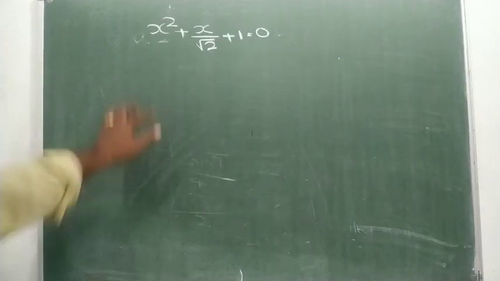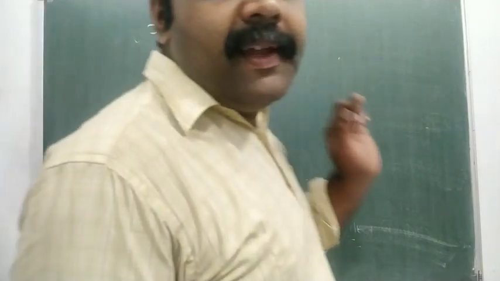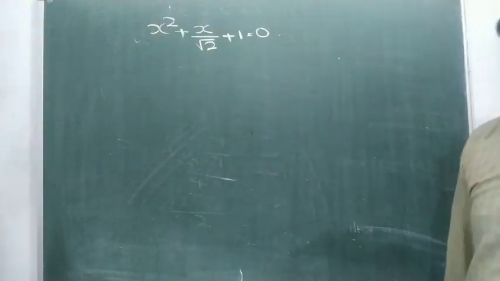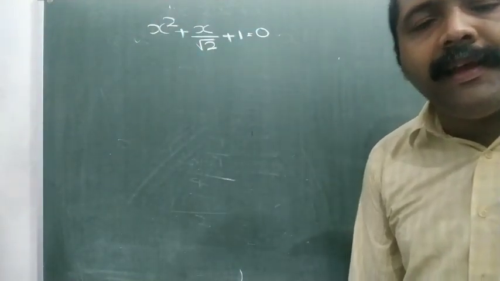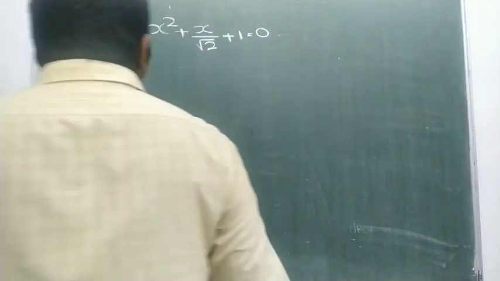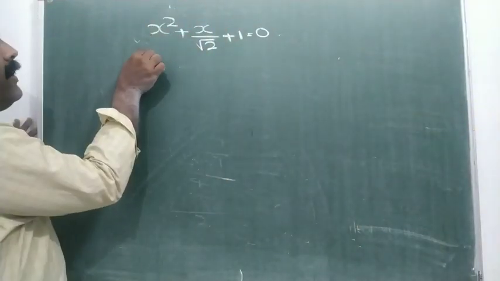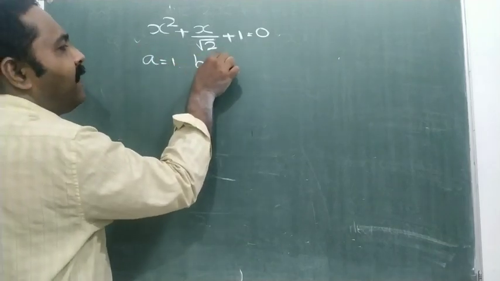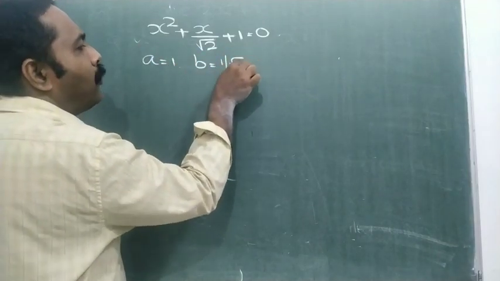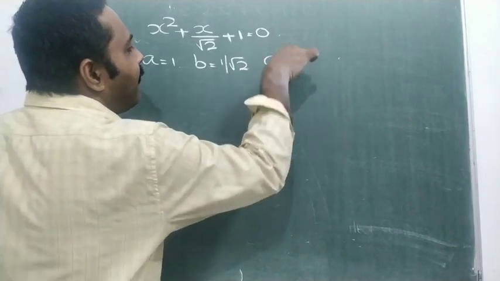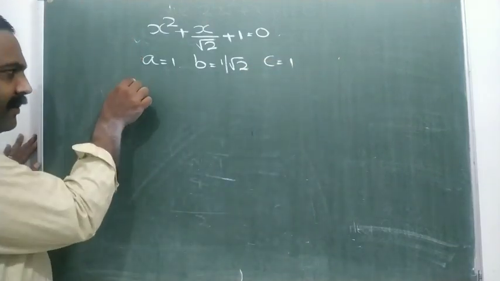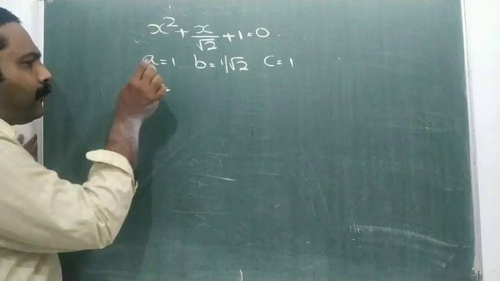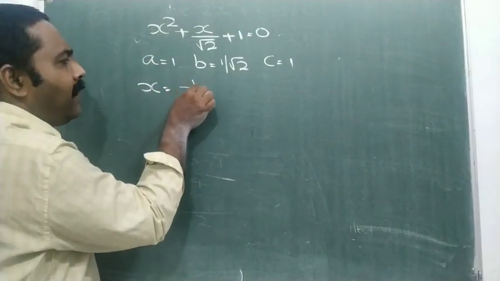Next question. x square plus x by root 2 plus 1 is equal to 0. Comparing this equation, a is equal to 1, b is equal to 1 by root 2, c is equal to 1. Then x is equal to minus b.